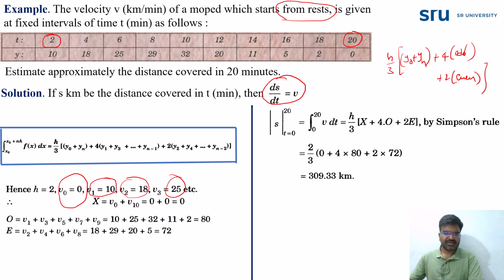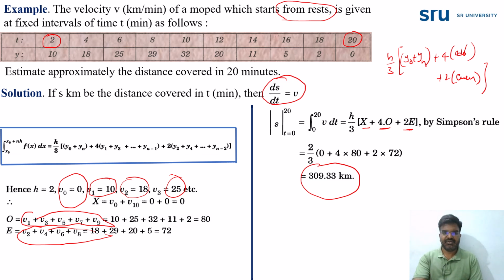So first we add the odd values, then we add the even values separately, and we substitute in the formula: first and last, 4 into the sum of odd, plus 2 into the sum of even. This is the final answer. So in 20 minutes, the moped covers 309.33 kilometers. This is one simple application of numerical integration.